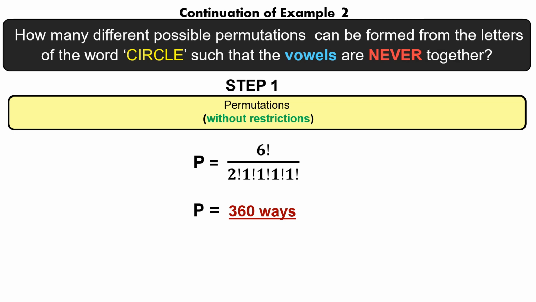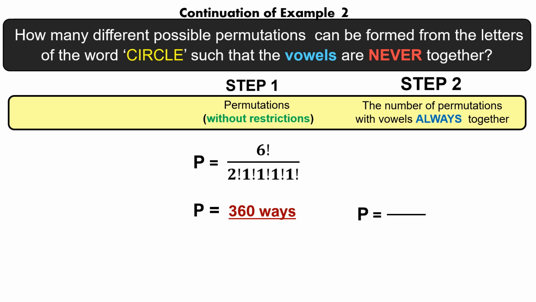Now, for step 2, let us solve the number of permutations with vowels always together. Remind ko lang na even if the vowels group as one unit, the letter C still exists and occurs twice. And we'll apply again here the distinguishable formula.